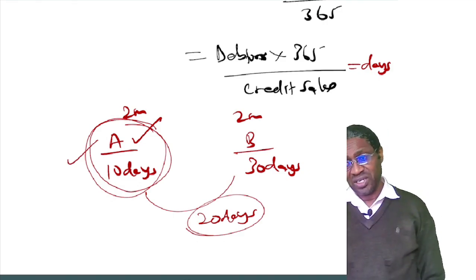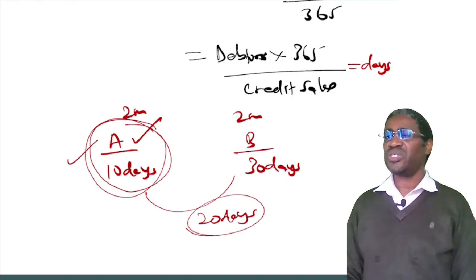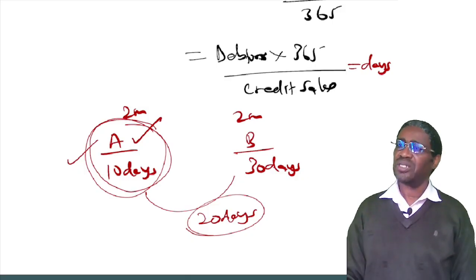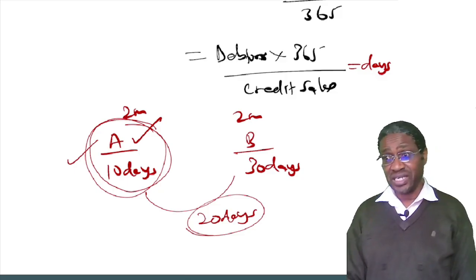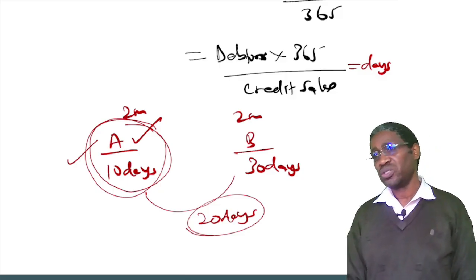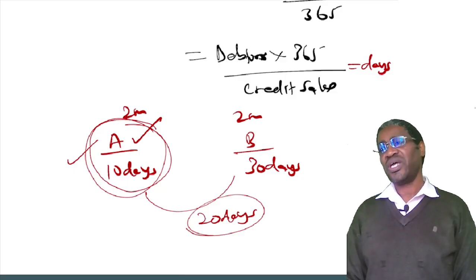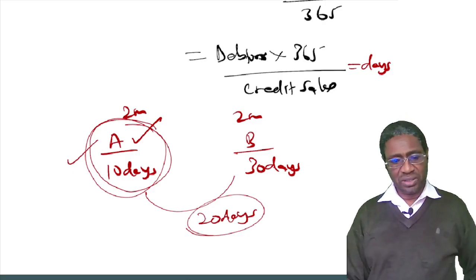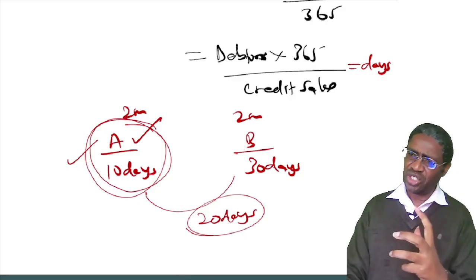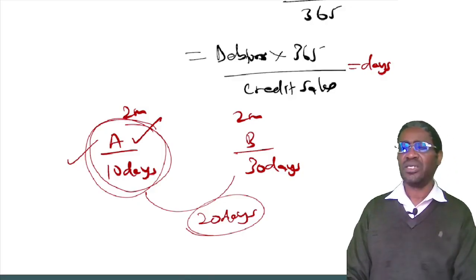Are you there? Good. That's another reason why we say the shorter the period, the better the firm, because there is a lower chance of bad debtors arising compared to when the period is long. Good. That's our second ratio, under activity ratios.